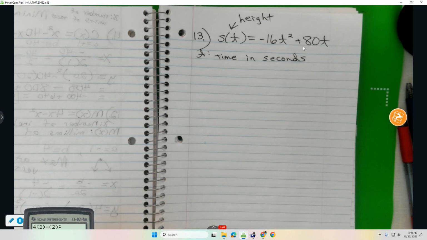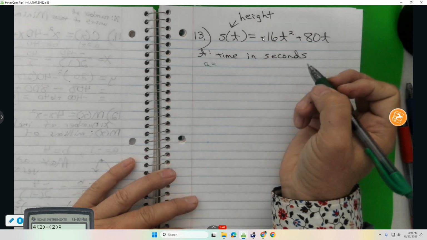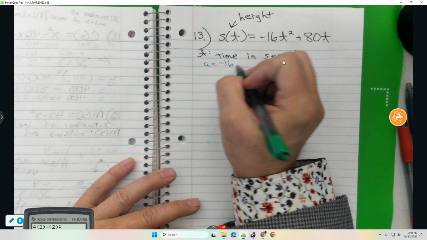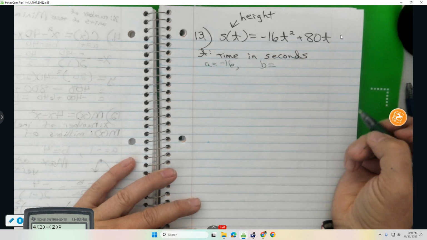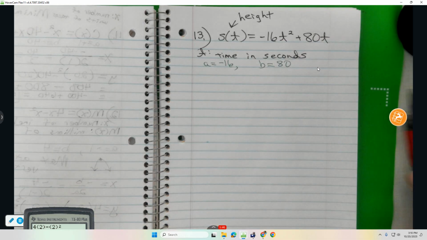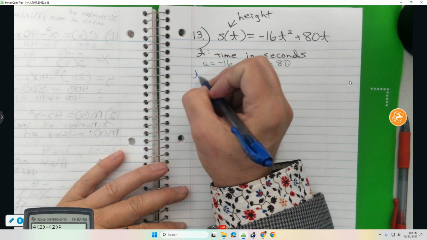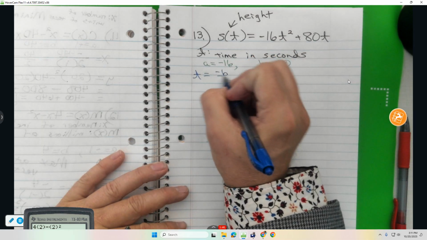I'm waiting for y'all to tell me, is this parabola, if we were going to graph it, would it open upward or downward? Down, because what's my a value? Negative 16. And my b value is 80. So we're using our vertex formula. Instead of x equals, it's t equals negative b over 2a.